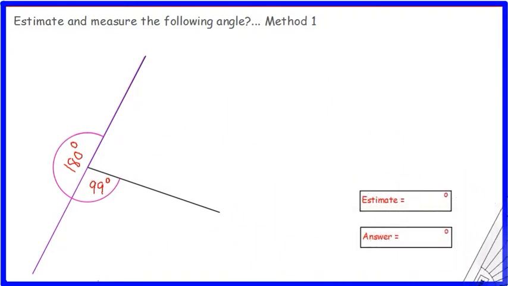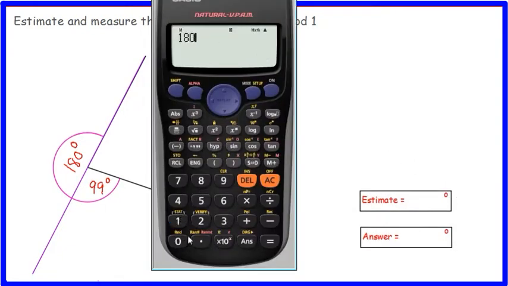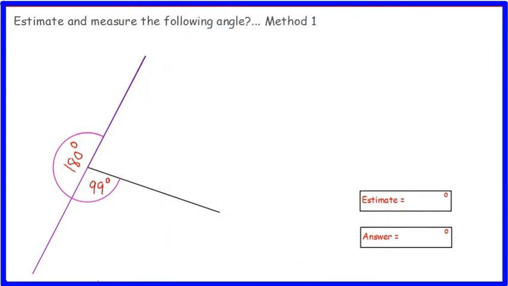So if I add both of those together, I have an estimate of this. So if I add my 180, it's 189. Of course, we don't need a calculator to do this, but it's going to be 279 degrees. Now, the other method is to measure the smaller angle.